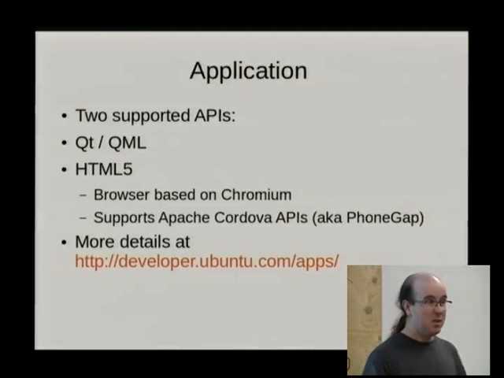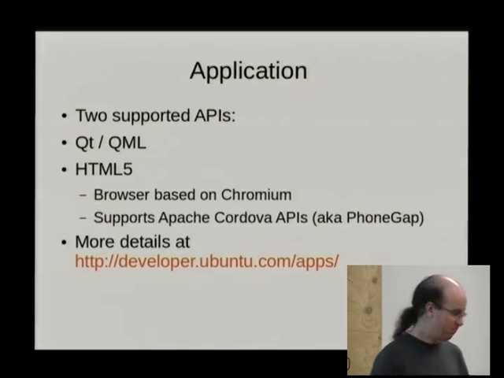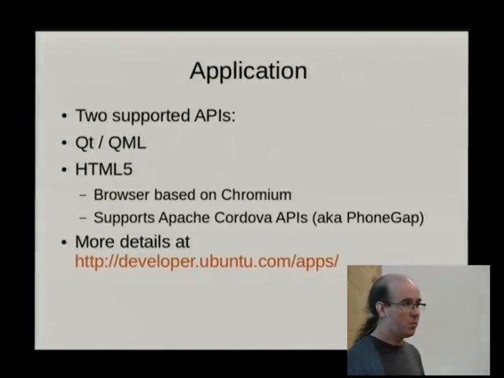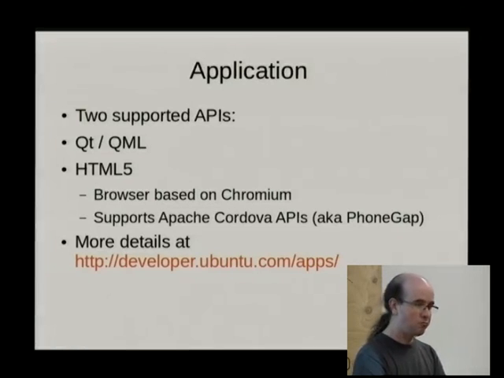But this means that if you've got experience with PhoneGap, it's very easy to get your application up and running on Ubuntu. There's an SDK which provides a set of reusable components for QML and a matching one for HTML, so it's possible for your HTML apps to have a consistent look and feel to the native QML ones.